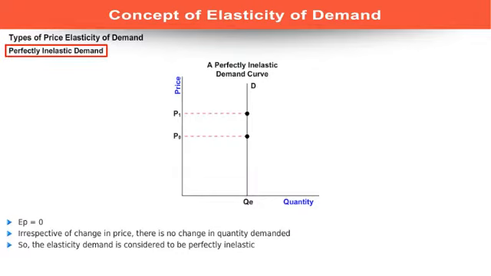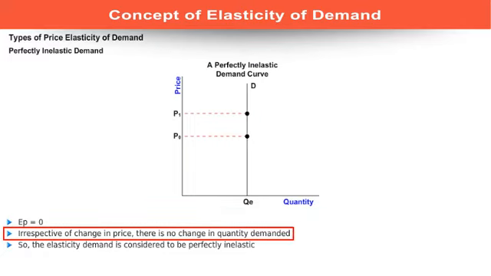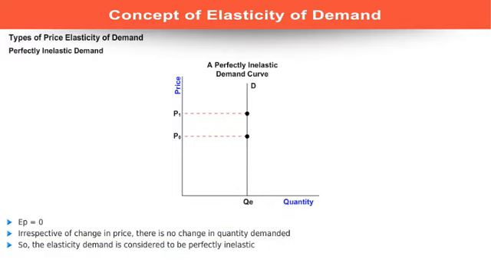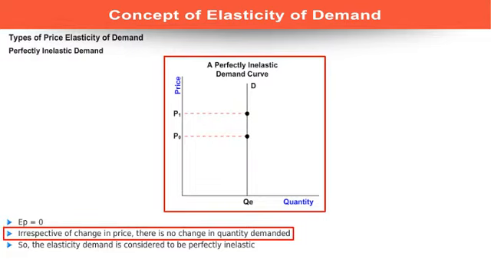Now perfectly inelastic demand, as you can see in the slide, you have a vertical demand curve. Irrespective of change in price, see, my price has changed from say P1 to P2, my demand is not varying. Demand is constant at Q. There is no change in demand. So my demand curve is vertical.